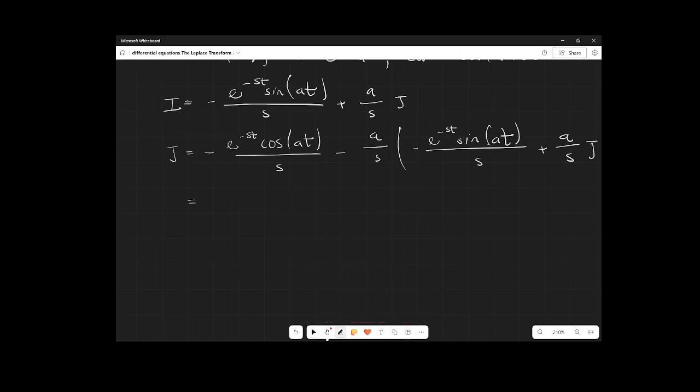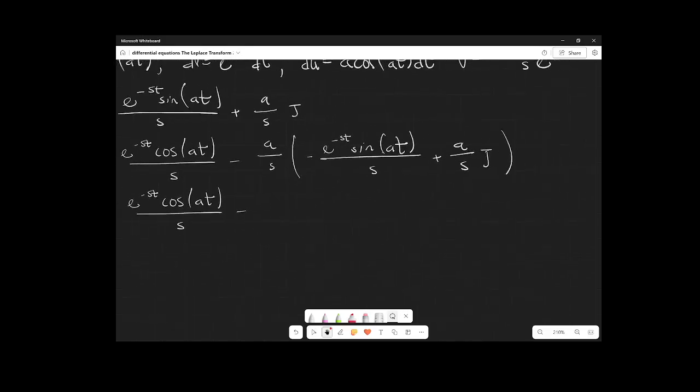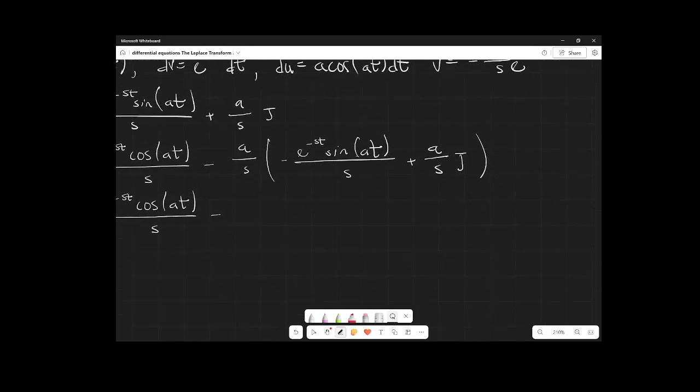How do I get rid of that? We have a plus sign there this time, though, I noticed.